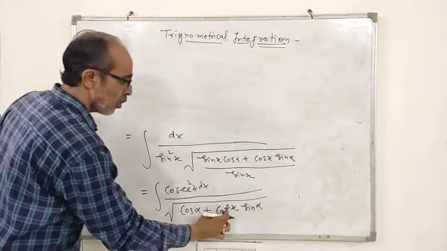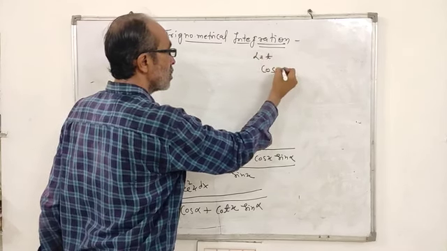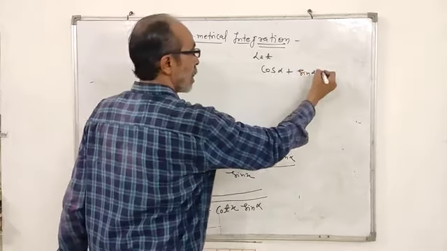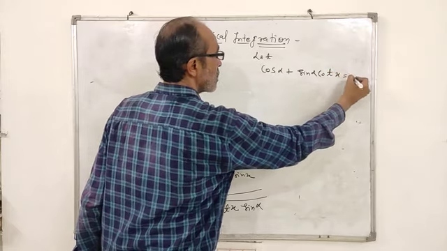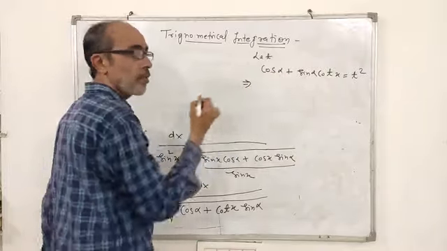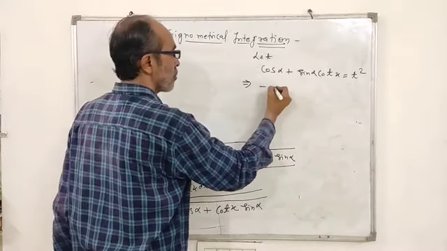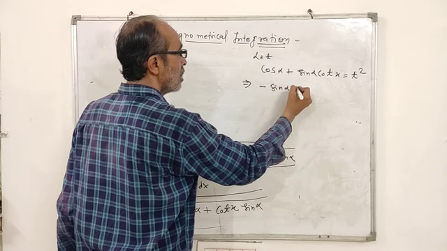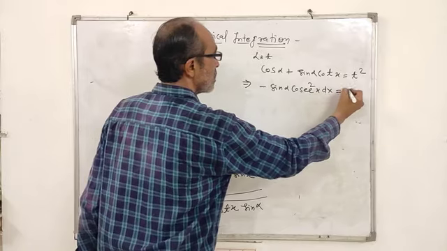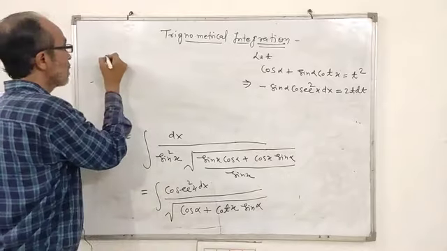Let cos alpha plus sin alpha multiplied by cot x be equal to t square. After differentiating, the derivative of cos alpha is 0 because alpha is constant, and negative sin alpha multiplied by cosec square x dx is equal to 2t dt.